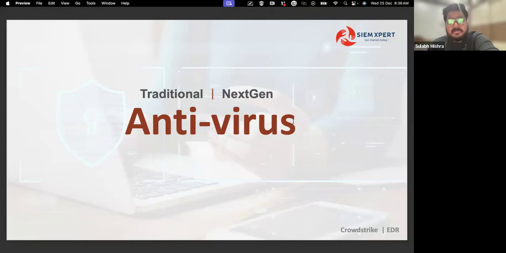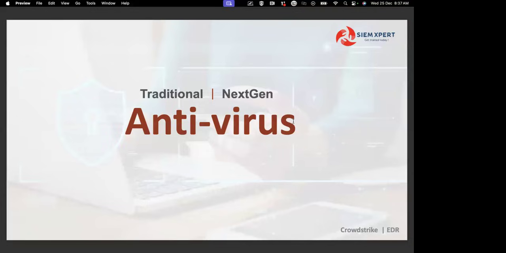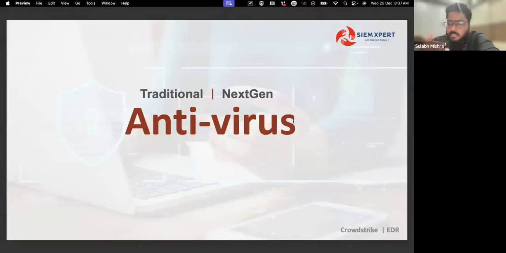Let's say you have Chrome. What do you expect Chrome to do? Web browsing. Exactly, that is what it is meant for. Now, let's say you are using Chrome, but in the backend, Chrome is trying to access some files.